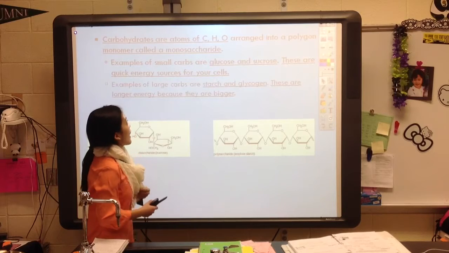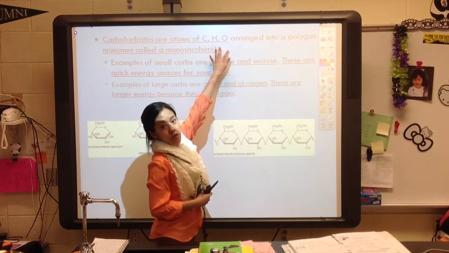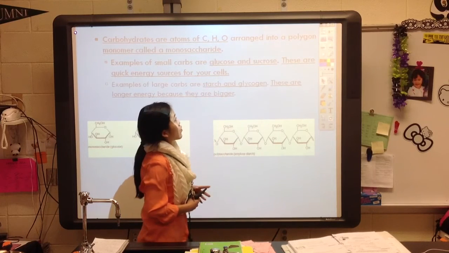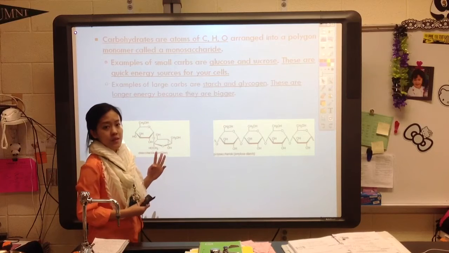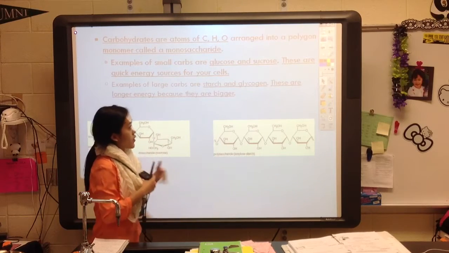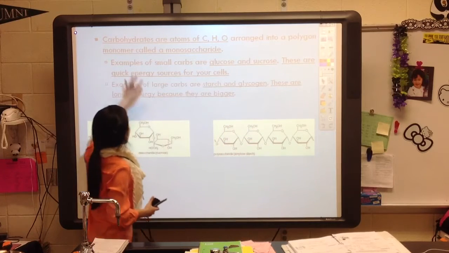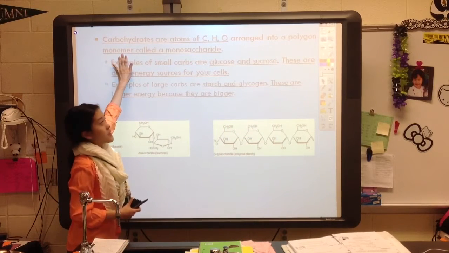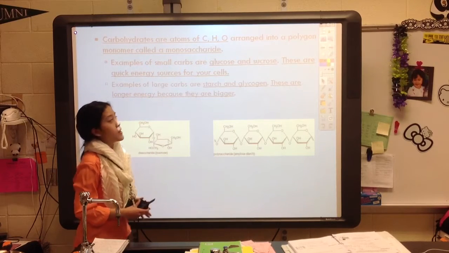Last time we talked about how any molecule made up of C, H, and O is known as organic. Those three elements are bonded together and form a specific shape or polygon. And the monomer that makes up the carbohydrate is called a monosaccharide.